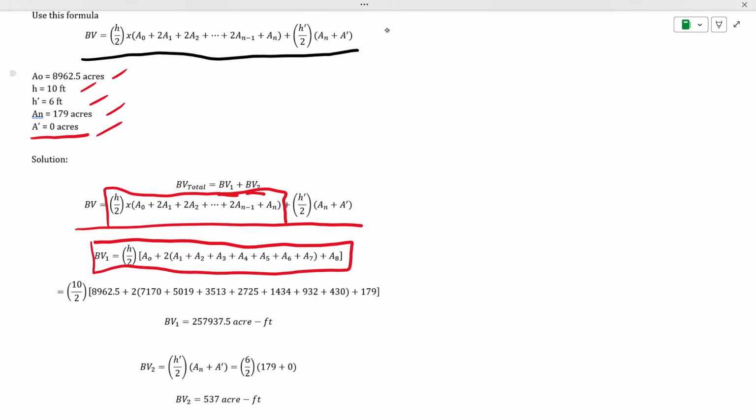For the second part, this will be the formula, the bulk volume sub 2.